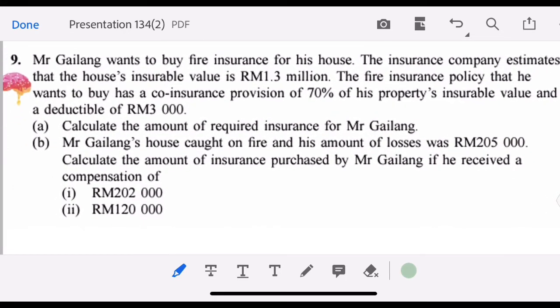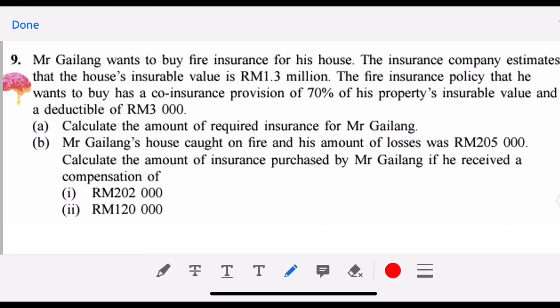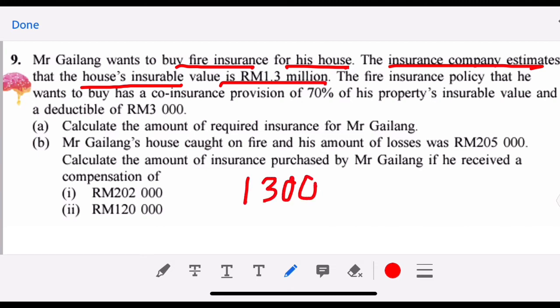Okay, let's have a look at question number 9. Mr. Gailang wants to buy a fire insurance for his house. The insurance company estimates that the house insurable value is 1.3 million RM.